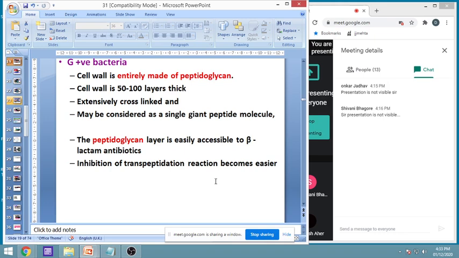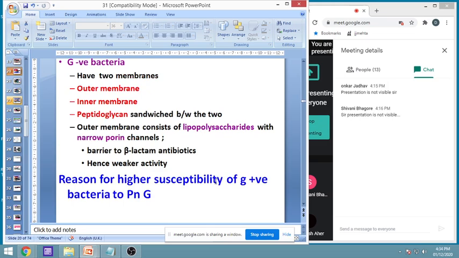It is a very prominent structure, a sort of skeleton of the bacteria. This peptidoglycan layer is easily accessible to beta-lactam antibiotics, and because of that, inhibition of the transpeptidation reaction becomes easier in gram-positive bacteria.